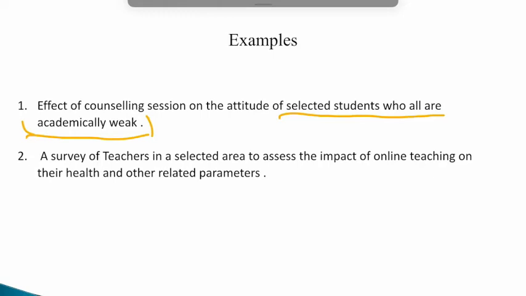So if counseling sessions are provided to them and we want to see the change in them, definitely we can go for this one-shot design. Here we are not taking any pre-test into consideration, but after giving the session, we see whether there is any change in their attitude, and then we select certain variables to measure those attitudes. We will definitely develop a scale to measure that change. So definitely this one-shot design is useful.